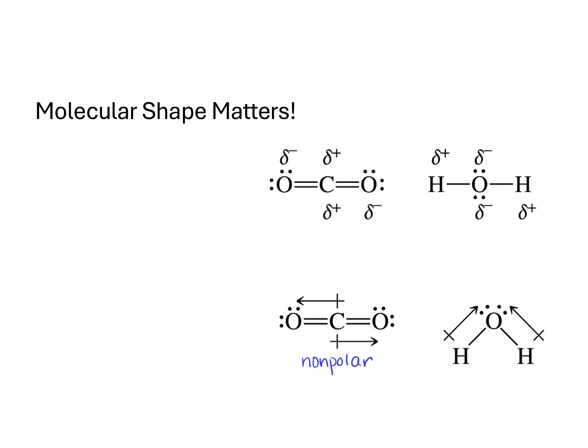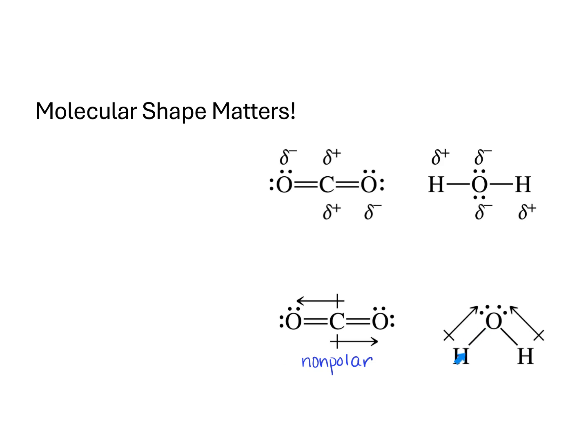Okay. Now, let's contrast that with water. Water is a bent molecule. And so what that means is it's got two hydrogens here with two lone pairs here. And so the overall shape of it is bent.